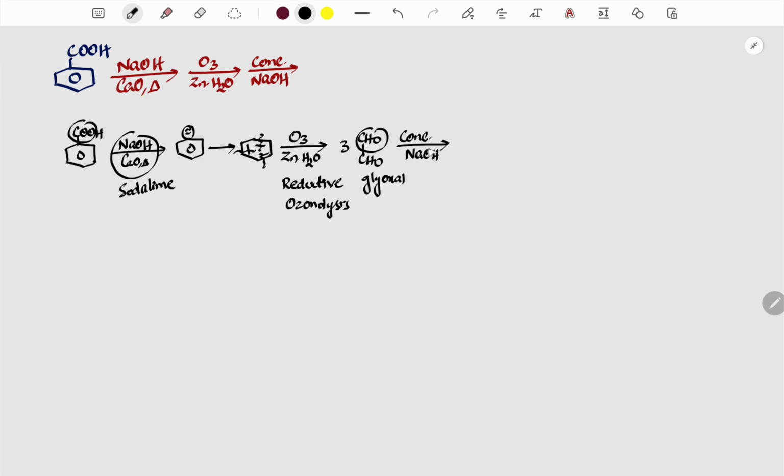In the Cannizzaro, OH minus attacks the aldehyde, and that aldehyde group undergoes oxidation, and the remaining aldehyde group undergoes reduction. So it is an example of the Cannizzaro reaction.